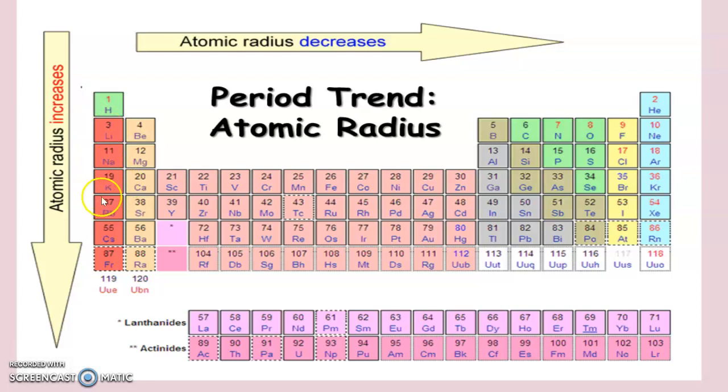Well, it would be potassium because it's further down on the table, and the atomic radius increases as we go from the top to the bottom. Okay, so as long as you can follow the trends and understand where the arrows are going, these trends are pretty easy to identify. And of course, because your tests are open notes, as long as you understand how to read it, you'll be fine.